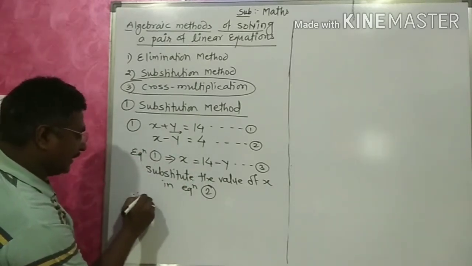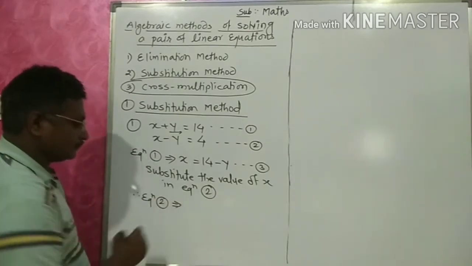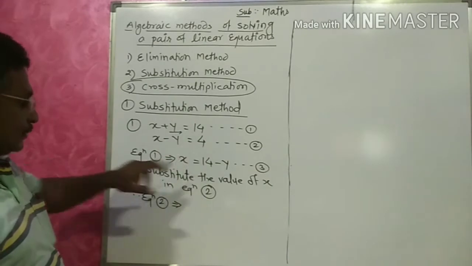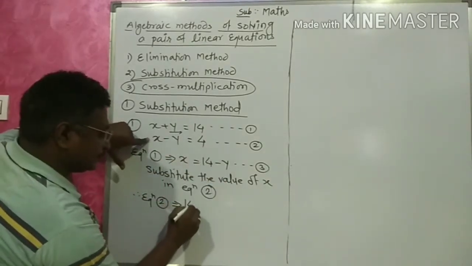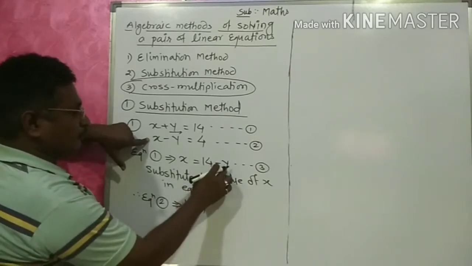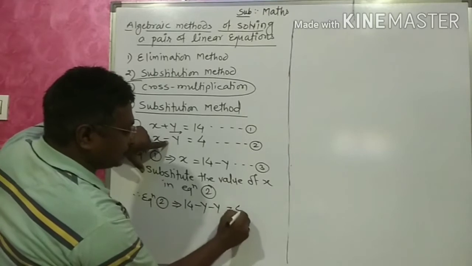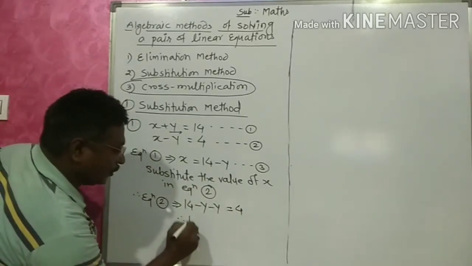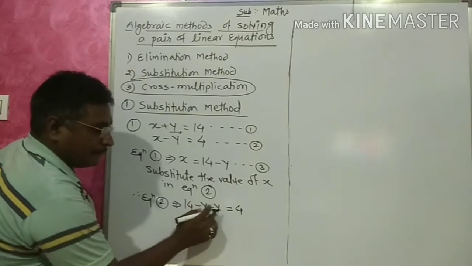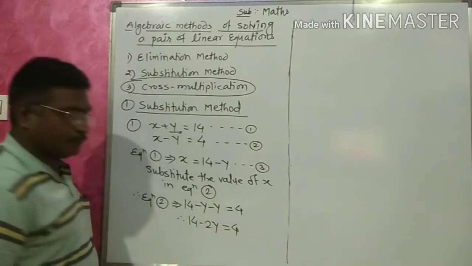So in equation 2, the value of x is 14 minus y. So 14 minus y, minus y equals 4. What will we get? 14 minus y minus y, that is 14 minus 2y equals 4.